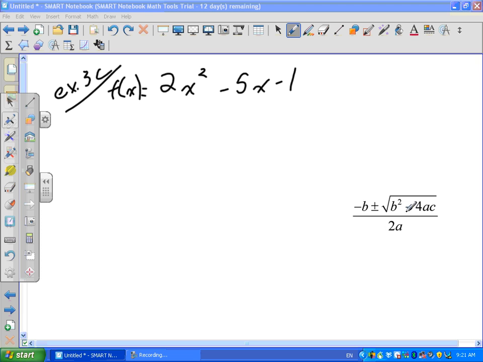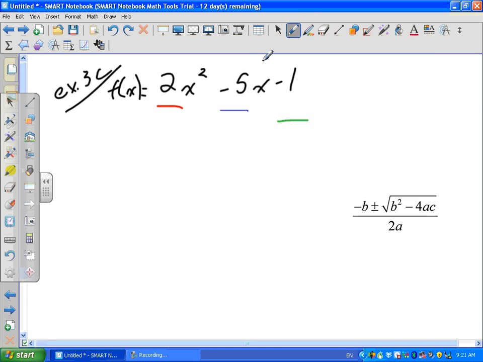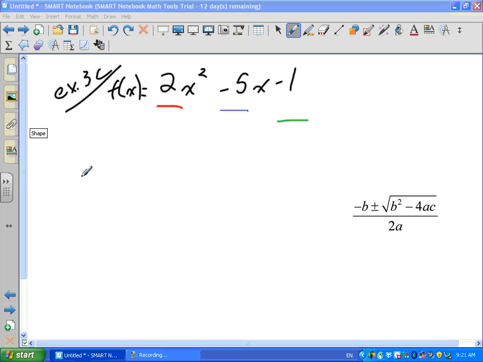In order to solve it, I'm going to be using our quadratic formula. So, first of all, my A is 2. My B is negative 5. And my C is negative 1. I'm going to rewrite our quadratic formula out and plug things in. In this case, it's going to be x. And remember, we're finding out what the variable is.